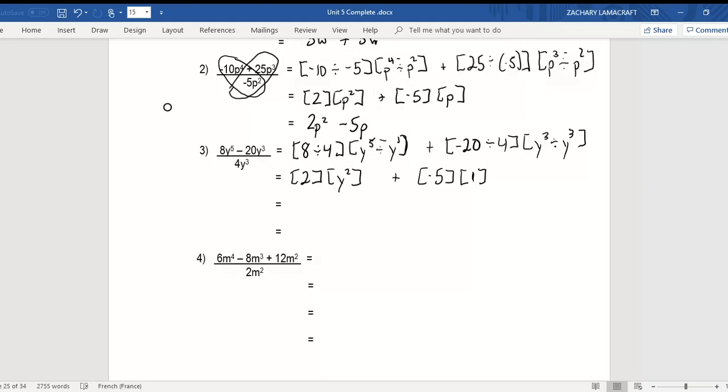So if we multiply these through, we'd end up with 2y squared. And then remember, we've got this positive and a negative, so it becomes negative 5. Okay? Because all that really happened when you divide one thing by itself is it is equal to 1. And then in this case, negative 5 times 1 was just negative 5.